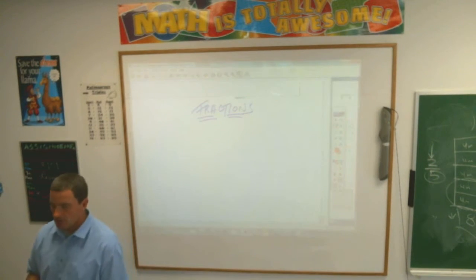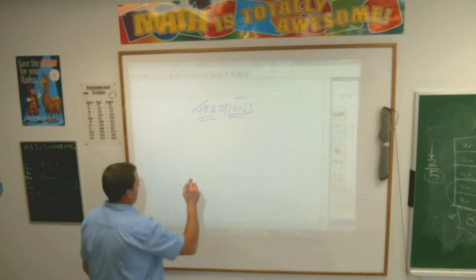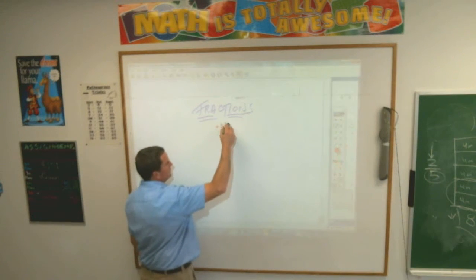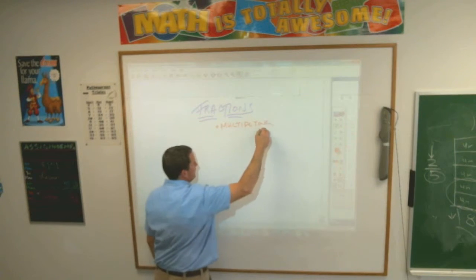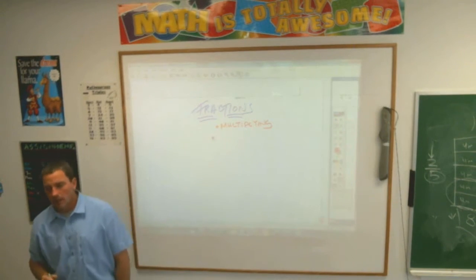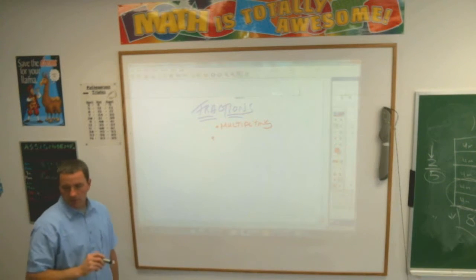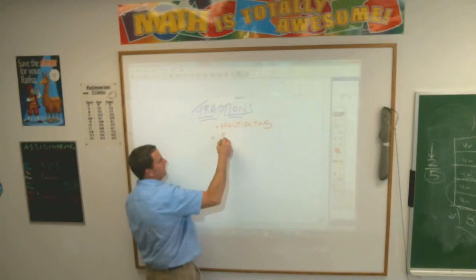And what it's called is under multiplying fractions, which is one of the easiest things to do in fractions. It's not only multiplying, but it is also reducing by dividing.